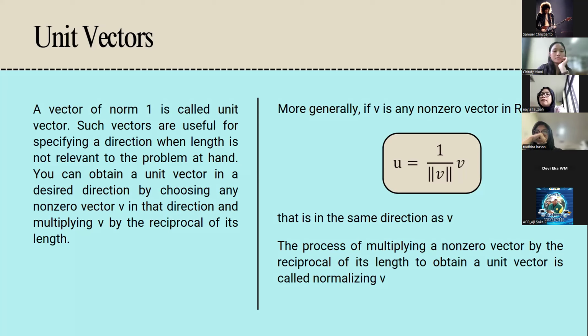More generally, if v is any non-zero vector in Rn, then a vector u equals 1 over the norm of v multiplied by the vector v, which is in the same direction as v. The process of multiplying a non-zero vector by the reciprocal of its length to obtain a unit vector is called normalizing v.